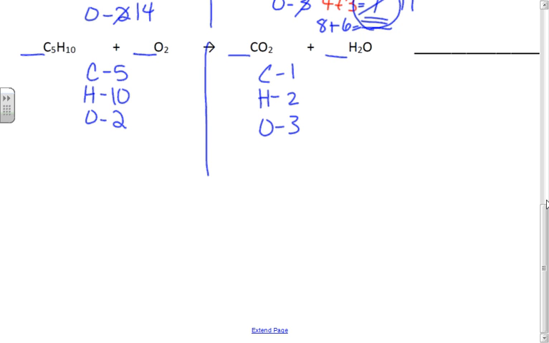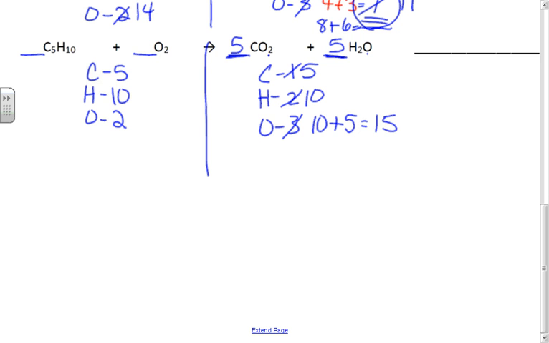So to balance the carbon first, we put a 5 in front, changes that to 5. To balance the hydrogen, we need to end up with 10, so we do 2 times 5 and get 10. And then we look and see how many oxygens we have. We have 5 times 2, which will be 10, plus 5 times the 1 gets us 5.